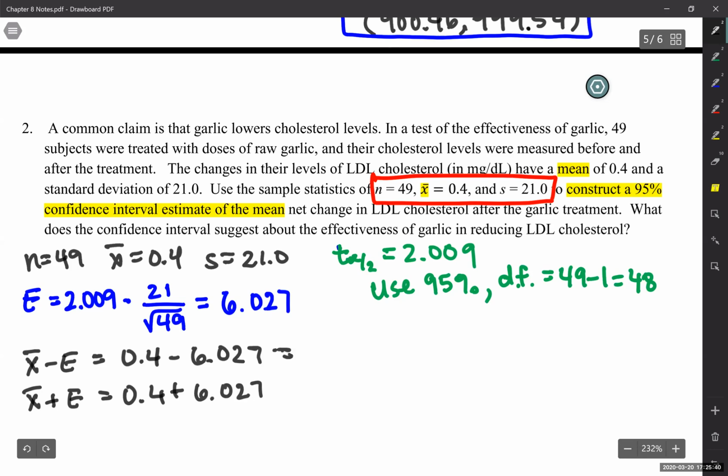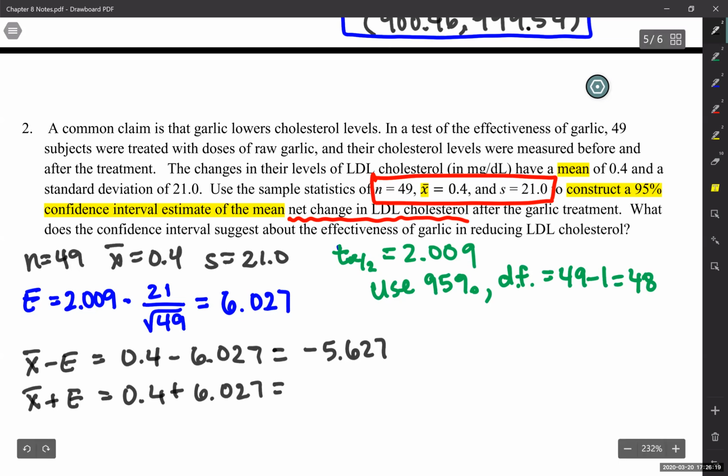It's fine that that's negative, because what we're talking about is the net change in LDL cholesterol. So if I get a negative, that's actually what you want, well, I don't know, maybe LDL's the good stuff, but some things you want to lower. And so if my net change is a negative number, like here, negative 5.627, that means the change is going down. The garlic is lowering the cholesterol, because that net, that difference between the two is negative.